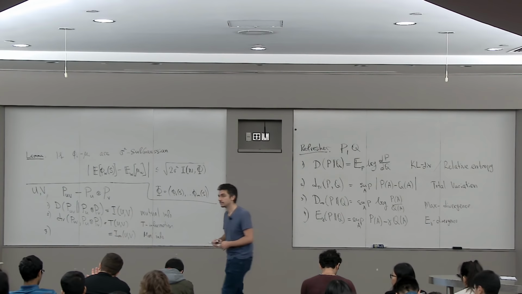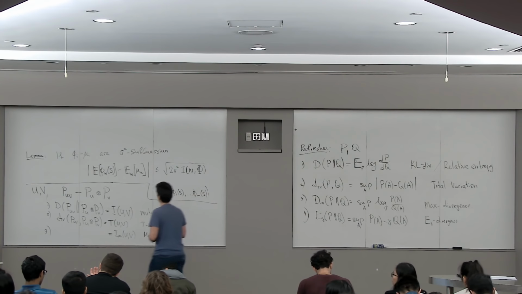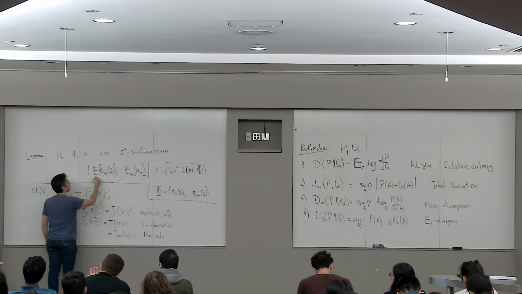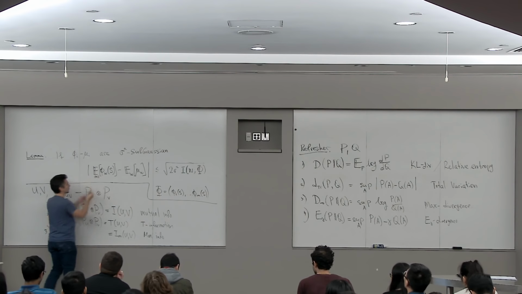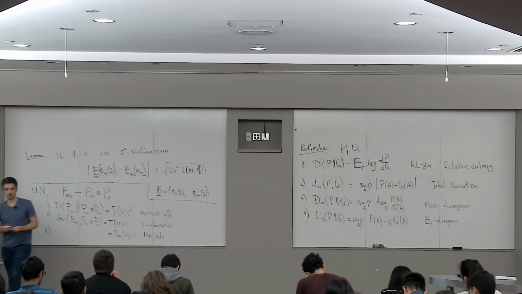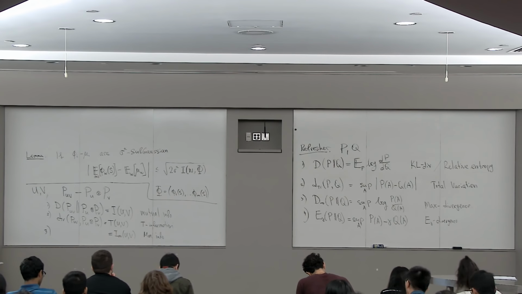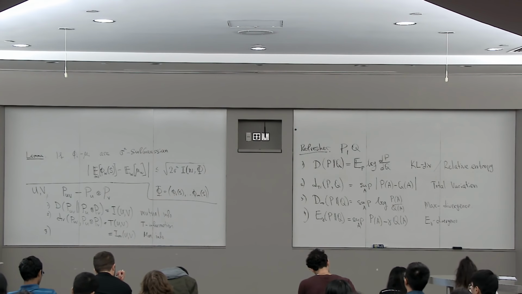Yes. The first one is over both, so it's W and S as a joint distribution.